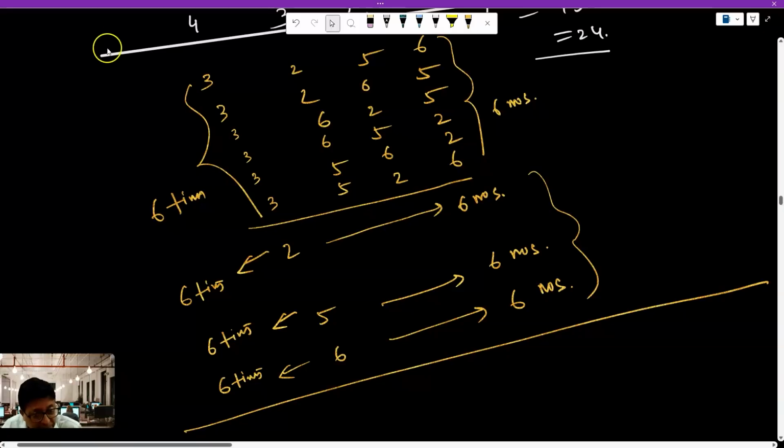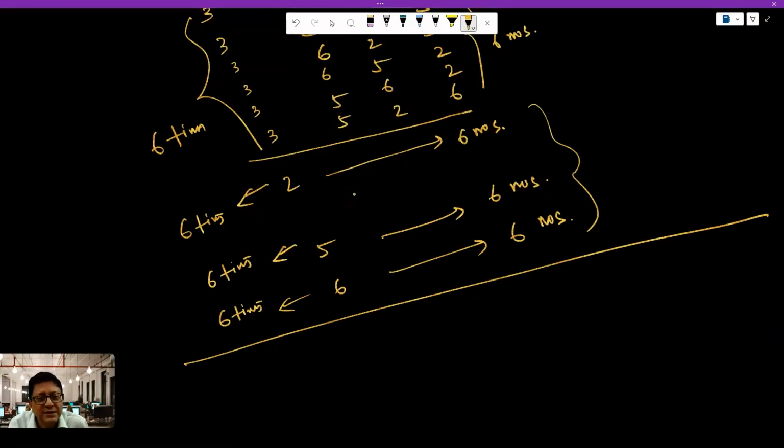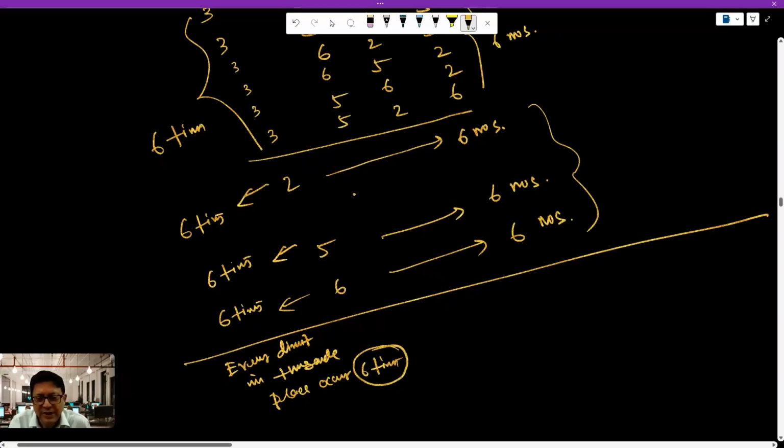Am I clear? So every digit in the thousands place occurs 6 times. Clear?